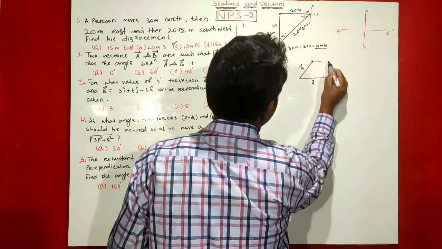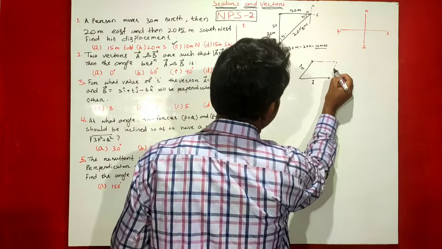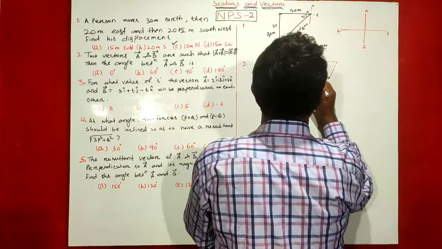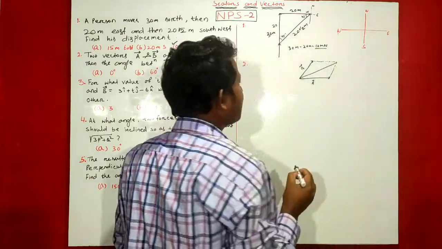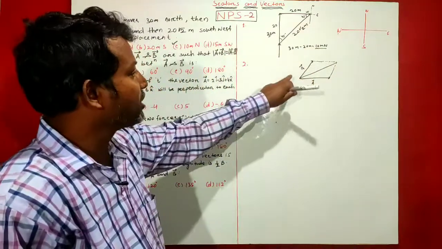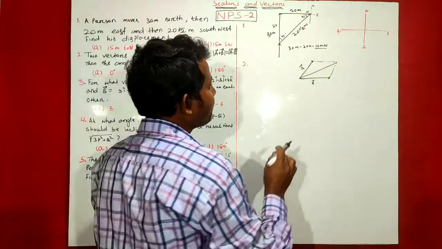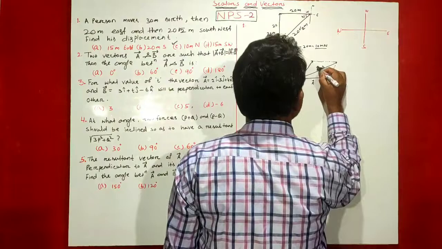Then A plus B will be this diagonal, which passes through the meeting point of A and B. So this is A plus B, guys.